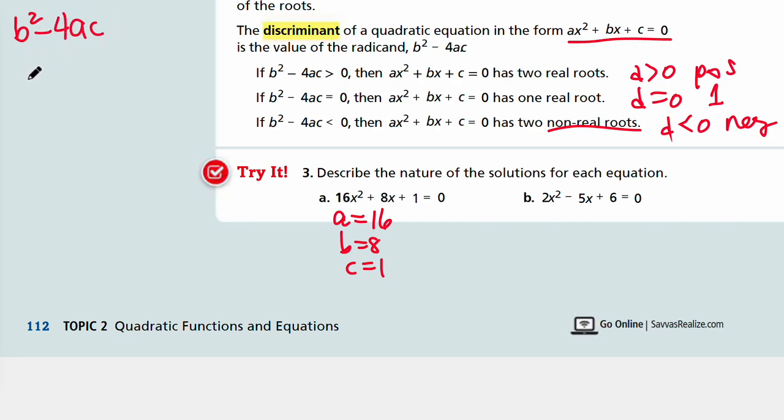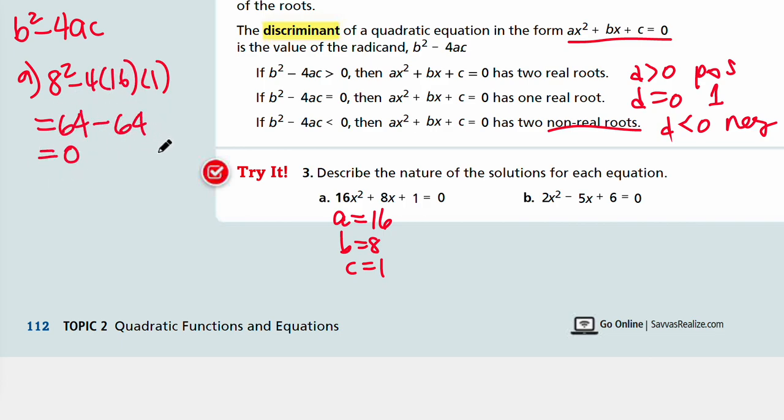So for part A, you have to plug in 8 squared minus 4AC, and that's 64 minus 64, and that's equal to 0. So 0 is a real number, but you're only going to have one real solution. So the answer would be 1 real solution.